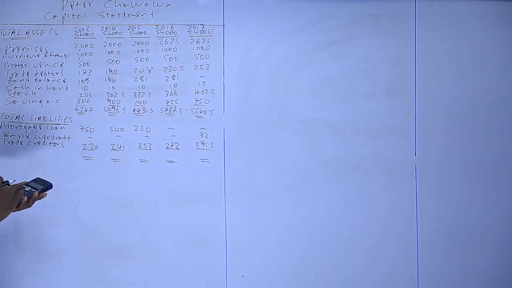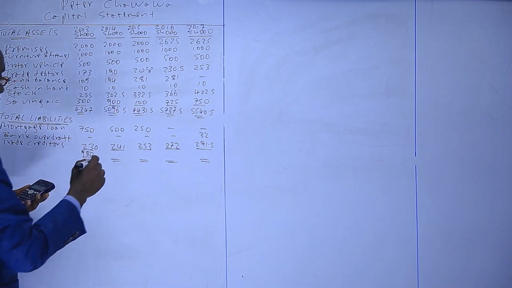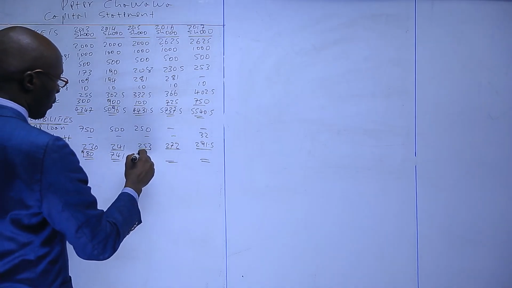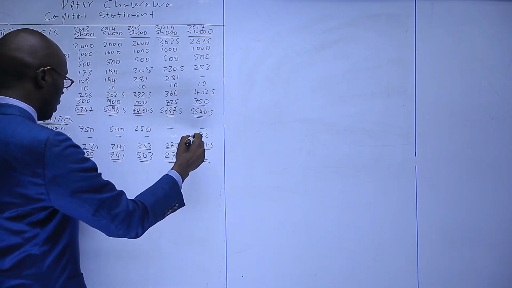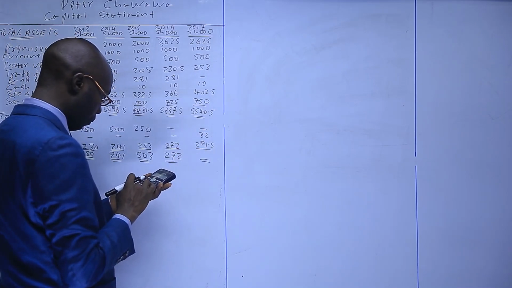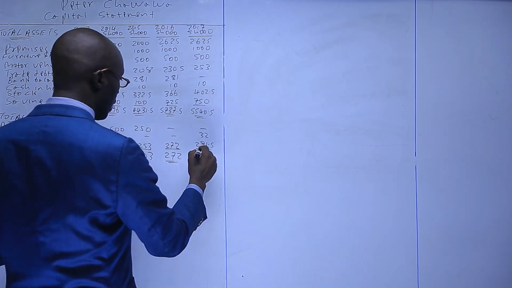The other one will be 750 plus 230, 980. Then this will be 741. This will be 503, 272. And then this one is 291.5 plus 32, giving us 323.5.